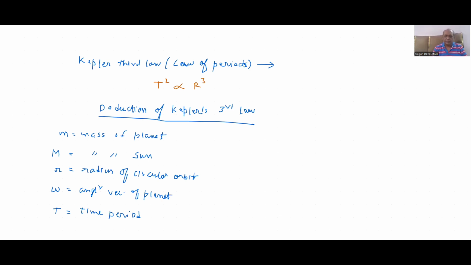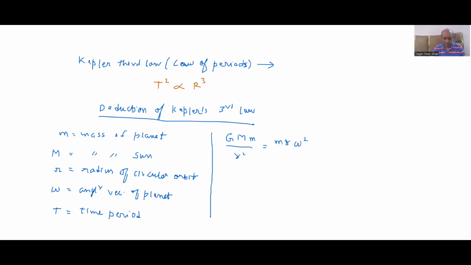Now we know that there will be a gravitational force of attraction between the planet and the sun, and this gravitational force will provide the necessary centripetal force. So the gravitational force between the planet and the sun, G capital M small m divided by r square, is providing the necessary centripetal force. Centripetal force is also given by the formula m r omega square.